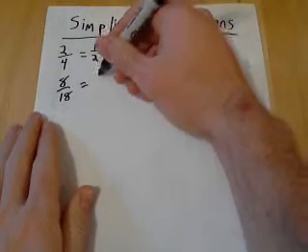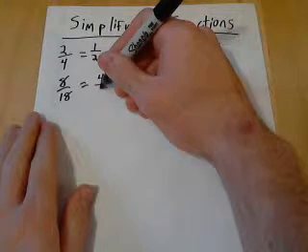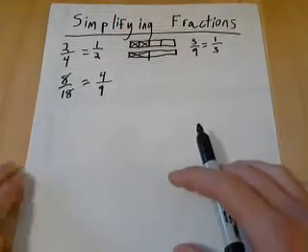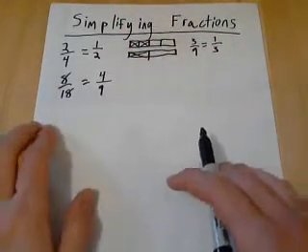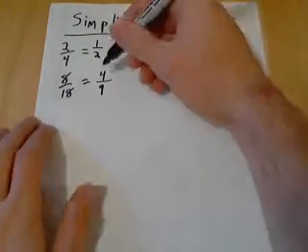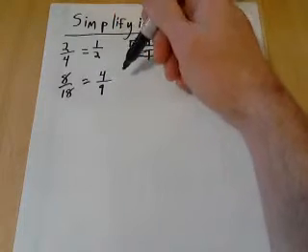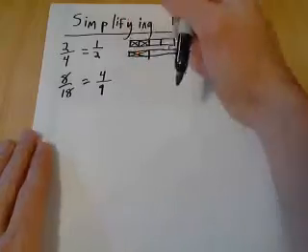So 8 divided by 2 is equal to 4, and 18 divided by 2 is equal to 9. At this point you'd have to take a look at it and ask yourself if you're done yet, because we might still have common factors here. So the factors of 4 are 2 and 4, and the factors of 9 are 3 and 9. So they don't share any common factors, so we are done with this one.